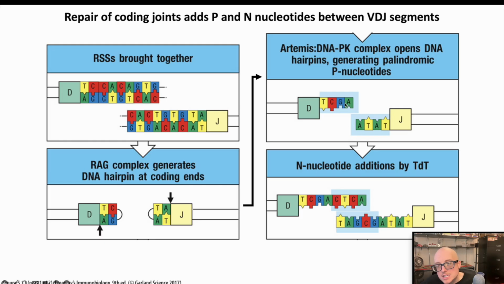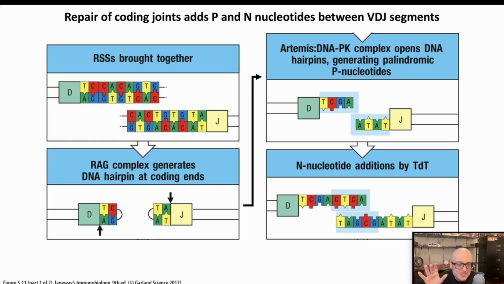These new nucleotides we refer to as P nucleotides because we've now formed palindromic sequences. Because originally these two nucleotides were complementary to the two nucleotides above. Now that they are found on the other side, that creates a synonymous sequence if you read it front to back, and that's what a palindrome is.